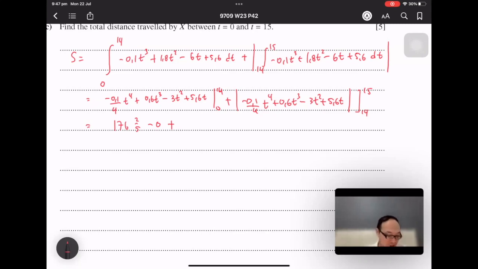Plus you put 15 and you put 14. So it's negative 0.1 over 4 times 15 to the power of 4 plus 0.6 times 15 to the power of 3 minus 3 times 15 to the power of 2 plus 5.6 times 15.